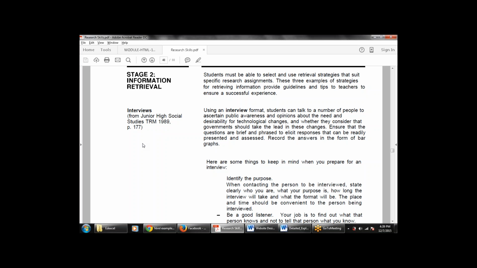Now here are some things to keep in mind when you prepare for an interview. One of the activities is the interview. What are the various steps that you must follow while conducting the interview? We can see the preparation for the interviews.